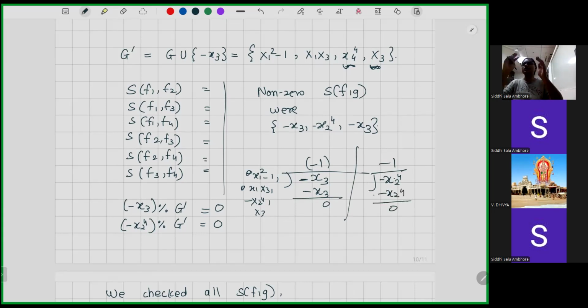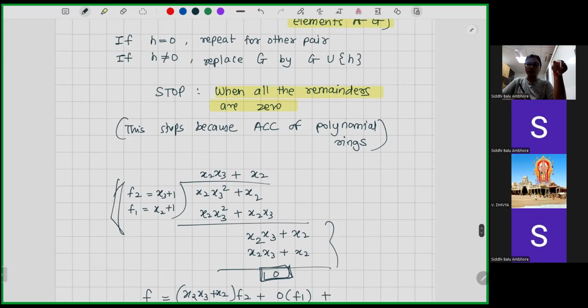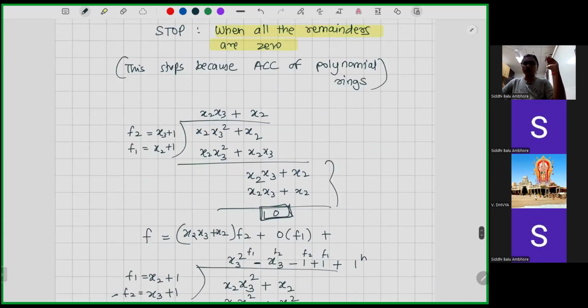So what we do is we start calculating S pairs. We see which S pair is non-zero. The moment we get a non-zero S pair, we divide it with the elements from G in any order. I hope you understand which order I'm talking about. So in any order of these fi, check the remainder. If the remainder in all the possible orders is 0, we don't do anything.